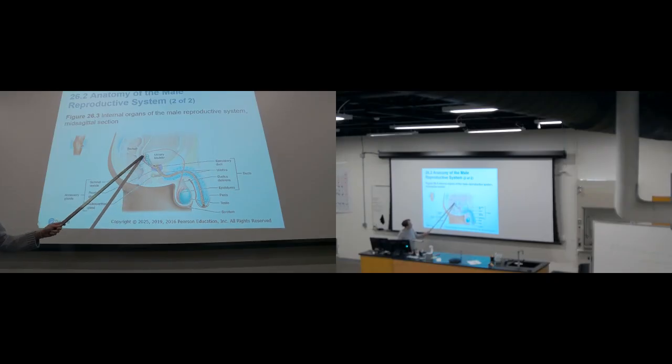And then here we have the seminal vesicles that secrete a fluid that is rich in fructose that helps to nourish the sperm cells. And then here we have the prostate gland that surrounds the ejaculatory duct and the part of the urethra that is called the prostatic urethra.